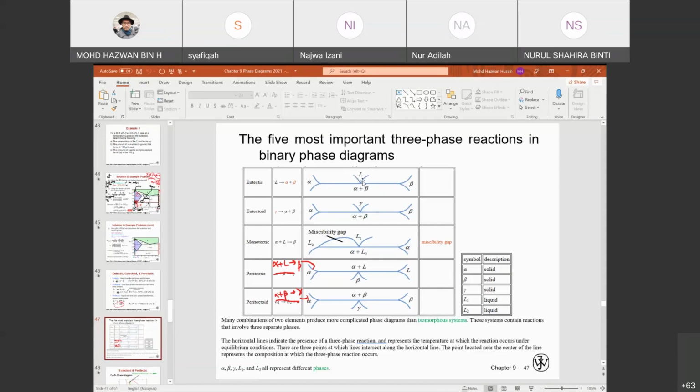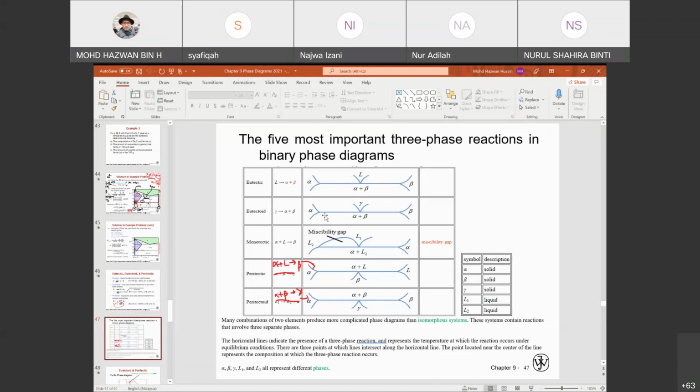If it is located on top of the horizontal line, then the reactant is on top and the product will be on the bottom. So in this case, the reaction will be liquid, double head arrow, forms alpha plus beta. This normally we have seen a lot in the lead tin phase diagram and also in the cast iron phase diagram.